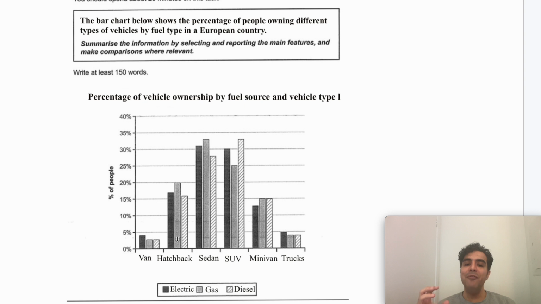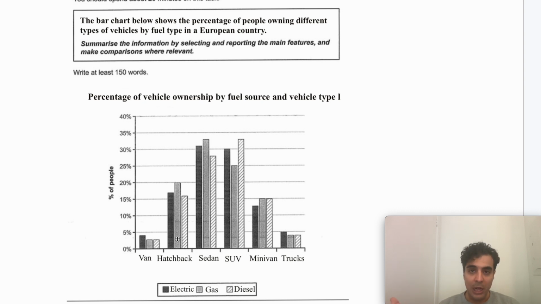Well, now I have to go with one of these types of division and then bundle or group them together. For example, if I decide to go with the car types, maybe I can put vans, minivans, trucks together, and then put hatchback, sedan, and SUV together. And the rationale would be household versus cars that one would own as, for example, a business, right?